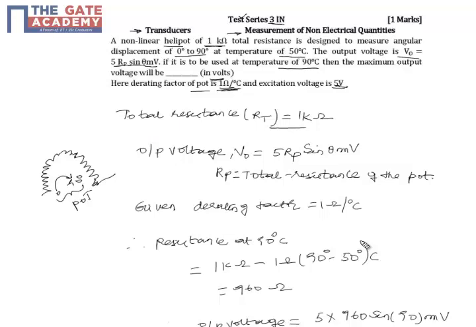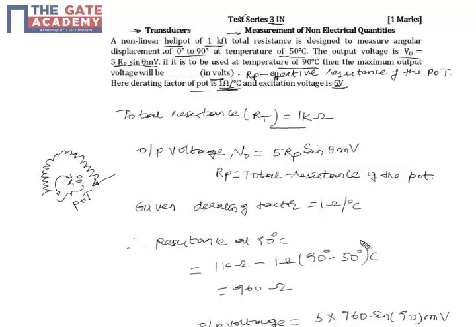So we need to calculate the effective resistance at 90 degrees centigrade before substituting the quantity here. Rp, which is not mentioned in the question, stands for the effective resistance of the pot.